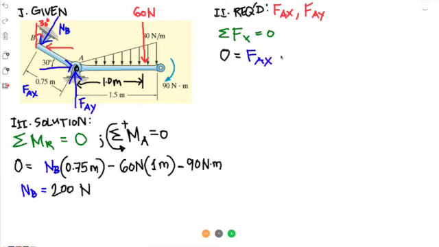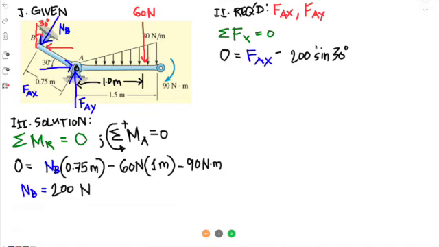So this is minus NB, which is 200 newtons, sine 30 degrees. Sine 30 degrees is half.